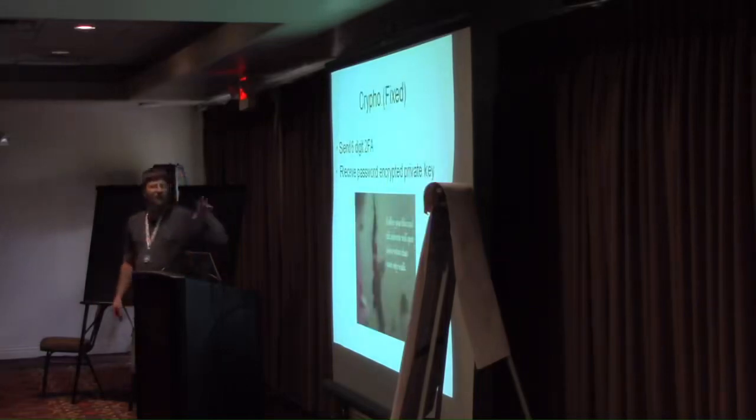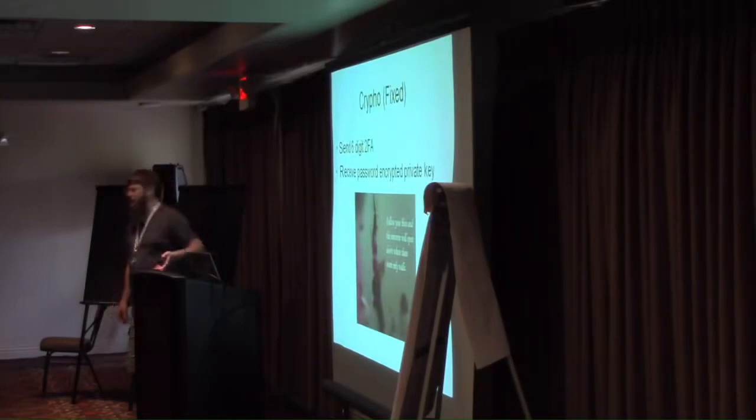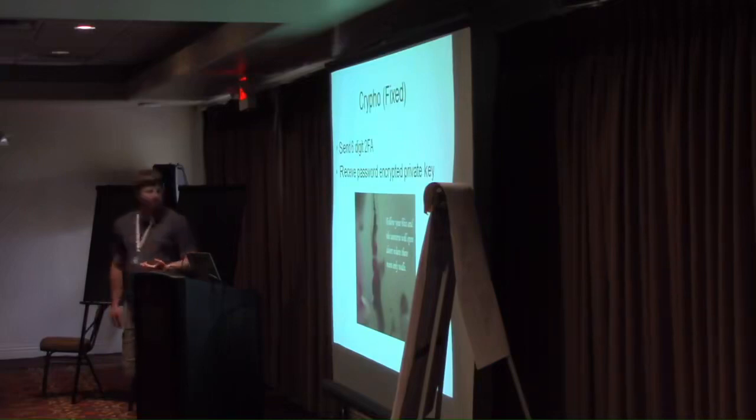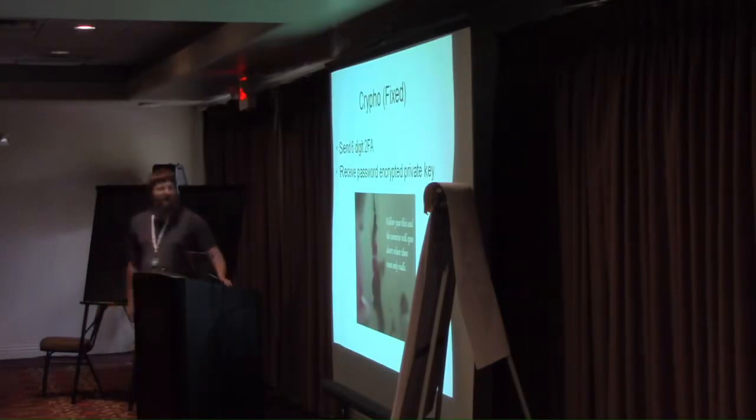So I'm going to go quickly over these, but these were just some of the things that I found. Crypho: to get the password encrypted private key, all you needed was a 6-digit TOTP code. So that's now fixed.